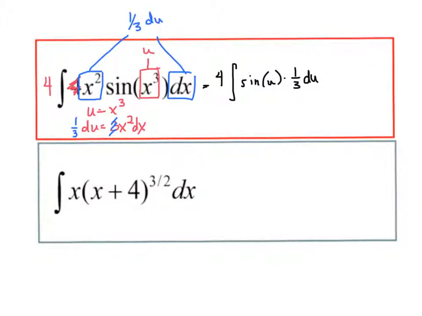Same type of thing, I want that constant out front, so it becomes 4/3. The antiderivative of sine of u is negative cosine of u. So this becomes negative 4/3 cosine of u plus c. And to finish the problem off, I should put it back in terms of x because that's where it began.